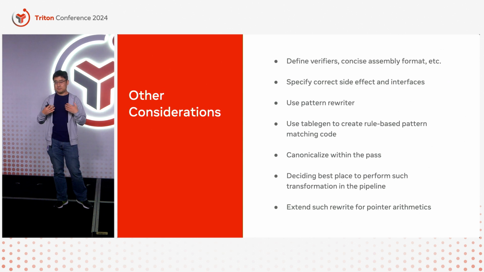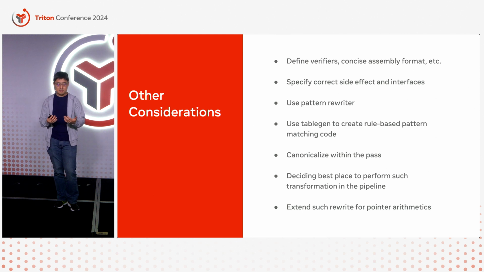So in this tutorial, we walked through a very simple example of how to do a rewrite. There are many other considerations if we're to do this for real. Specifically, when we define the operation, we typically would want to specify verifiers. In this example, we might want to check that the tensor operand is a tensor of floating points, and the scalar had better also be a floating point, so that we can fail at the earliest possible time to catch errors.